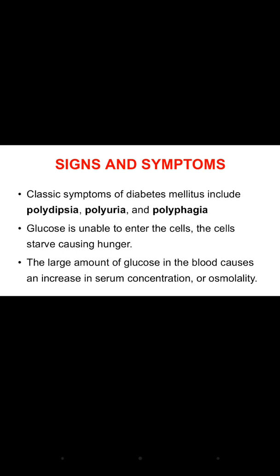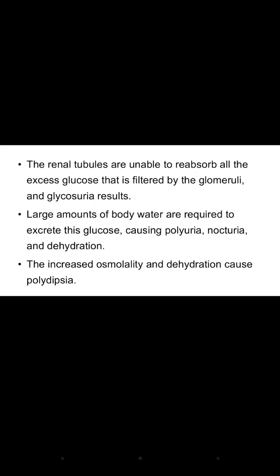Now a large amount of glucose is in the blood, right? So there is increased blood glucose level, and this is causing an increase in the serum osmolality, because the number of glucose particles is increasing. Now the renal tubules of the kidneys are unable to reabsorb all of this excess glucose which is filtered by the glomeruli, and that's why glycosuria results, meaning glucose in the urine.